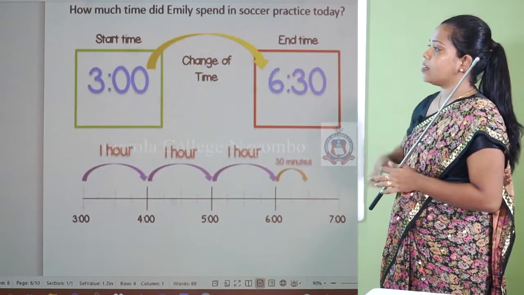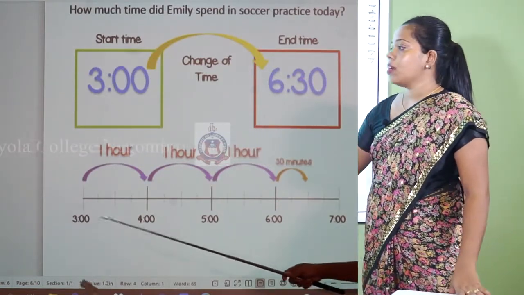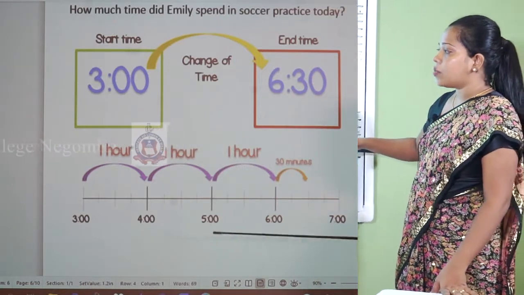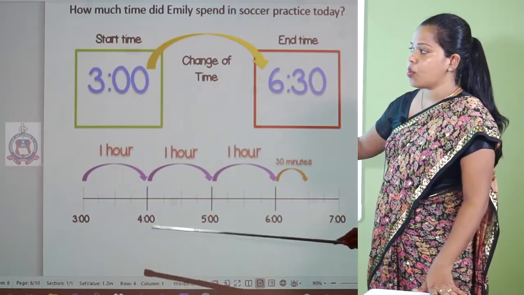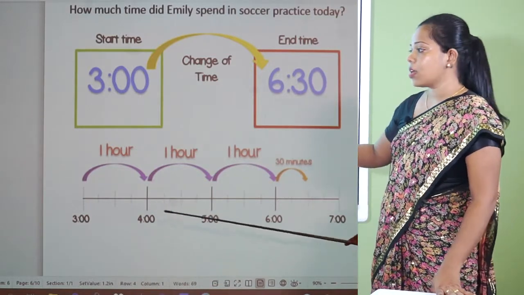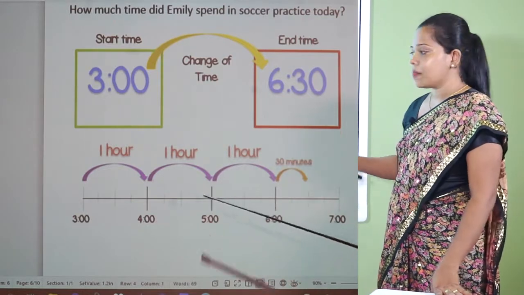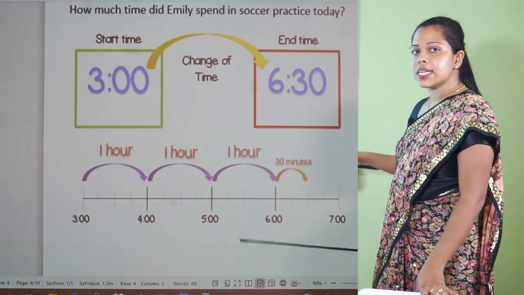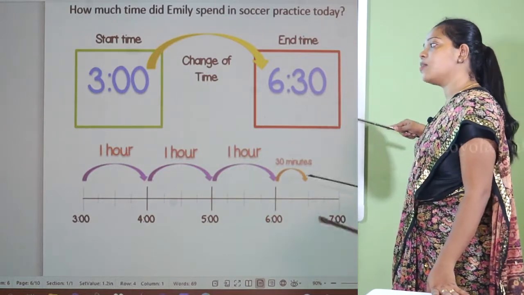From this line, I have denoted how the times are going. From 3 to 4, 1 hour. From 4 to 5, another 1 hour. And 5 to 6, another 1 hour. And 6 to 7, another 1 hour.